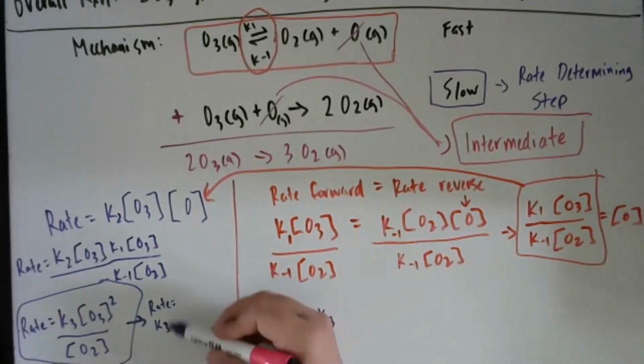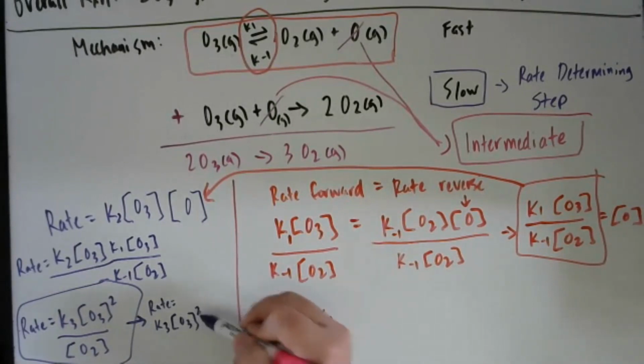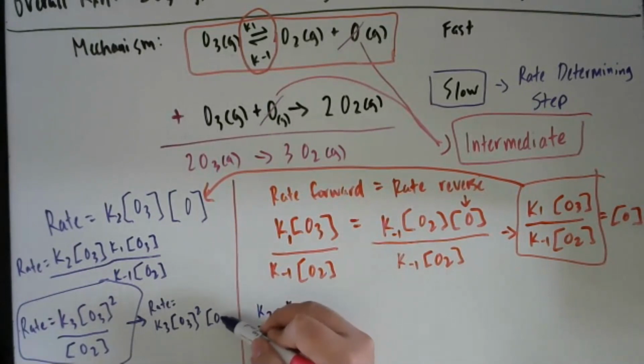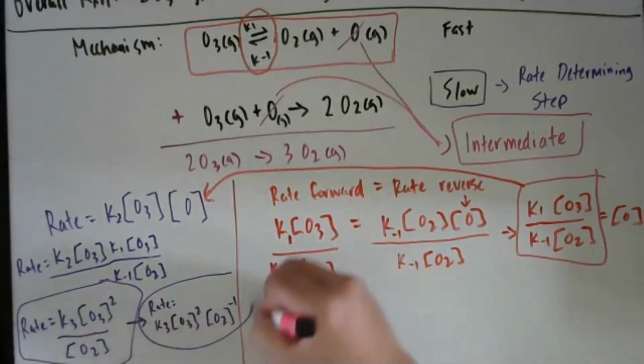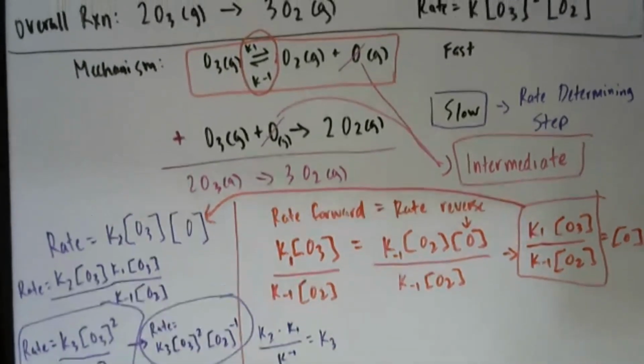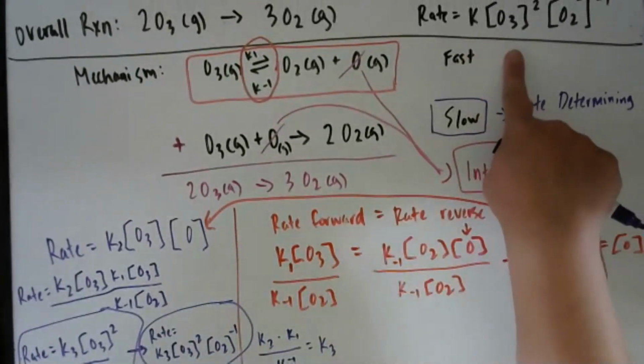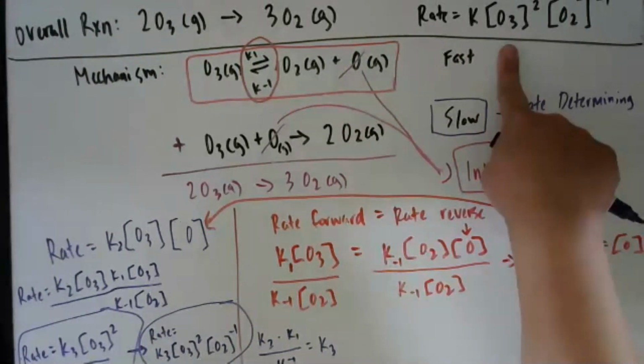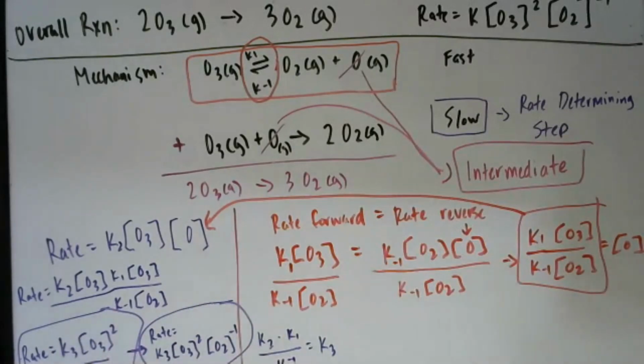K3, or you could just call it K if you want to, times O3 squared times O2 to the negative 1. Both of these terms that we solved for here are equivalent to the rate expression that we were given at the beginning. So we have just gone through the process of proving that this mechanism is a valid one.